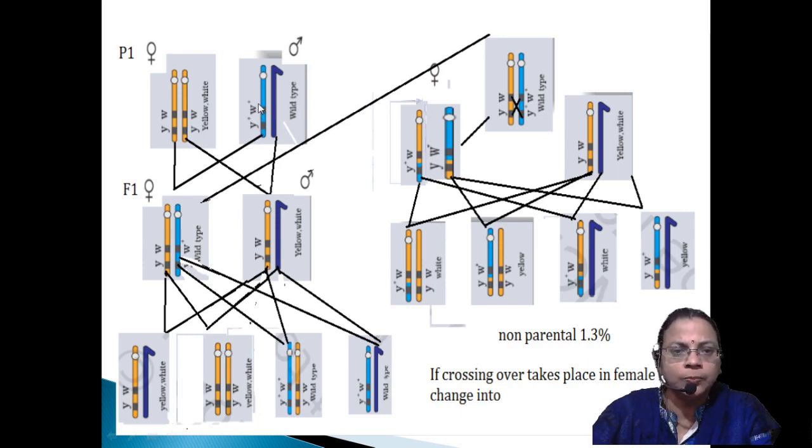Then w plus means red eye. So, brown body and red eye: both factors are dominant, hence we represent it as wild type. Even though we say wild type, it represents brown body, red eye male.